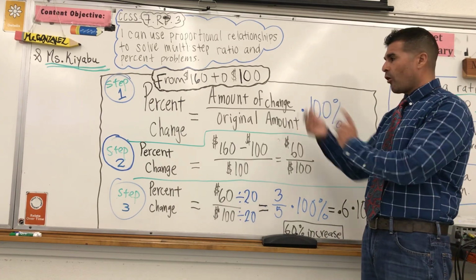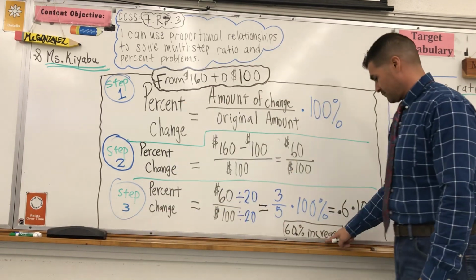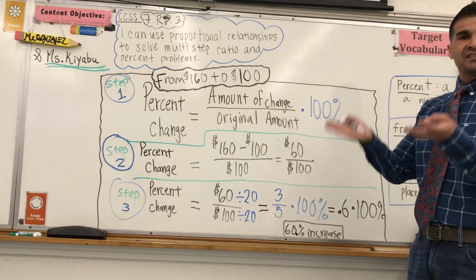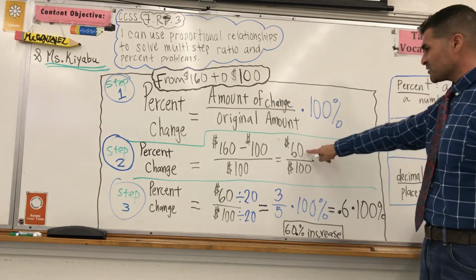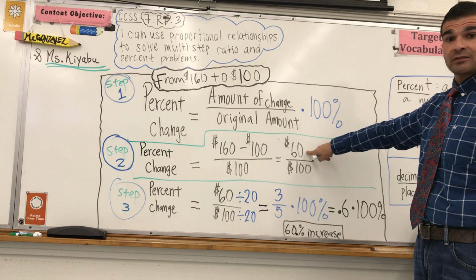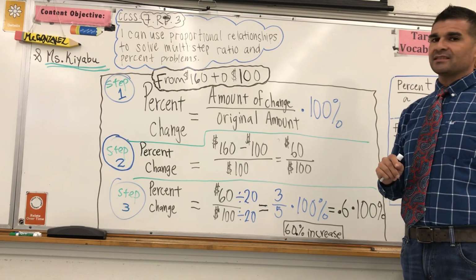Some people might think, okay, it was a 60% increase, so it must be a 60% decrease now. You're just going down $60, and in the last problem, I went up $60 and I went up 60%. But that's not going to be the case this time.